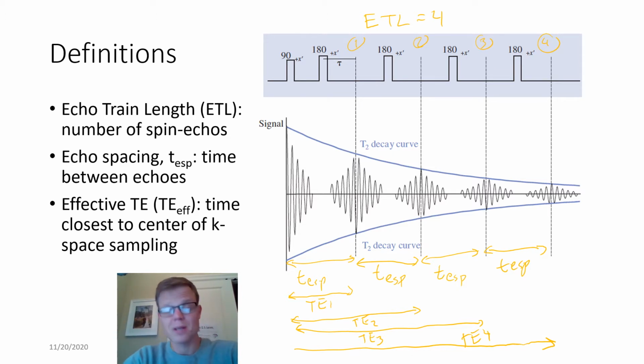So when we're trying to determine contrast, or we want to pick an echo time that characterizes the sequence, what is that going to be? That's what I like to call the effective echo time, or TE effective. And this is going to depend on the K-space trajectory that's traversed.